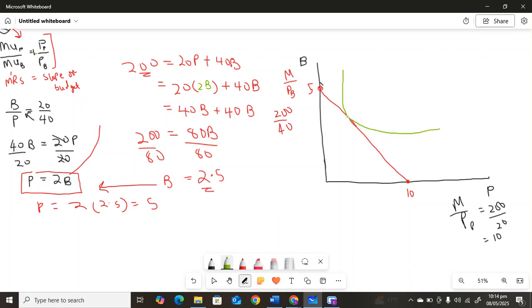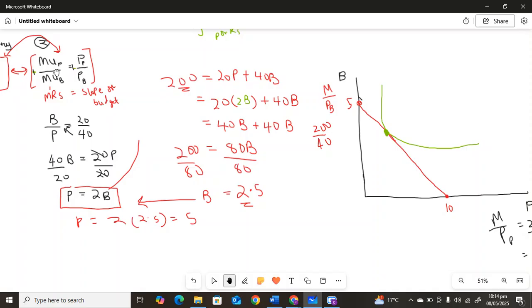So where the indifference curve and the budget line touch each other, where they are tangent to each other, or where their slopes are equal, which is this one here, MUp over MUb equals Pp over Pb.